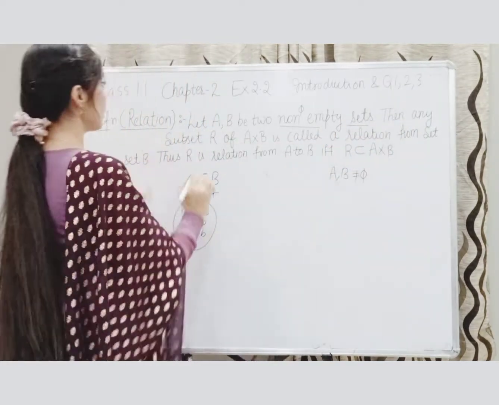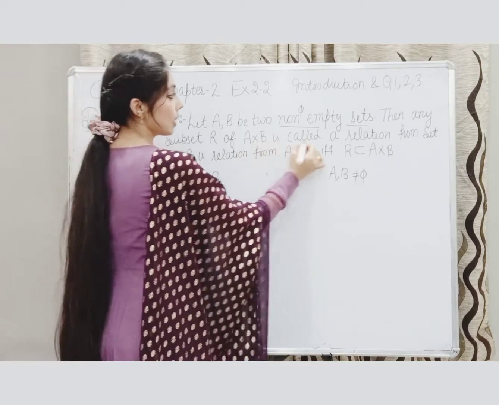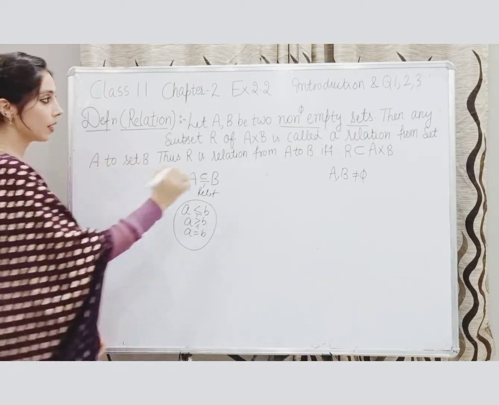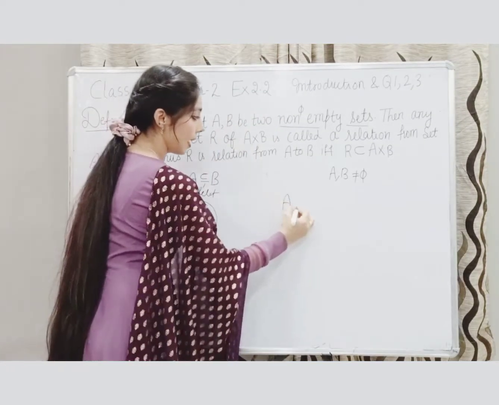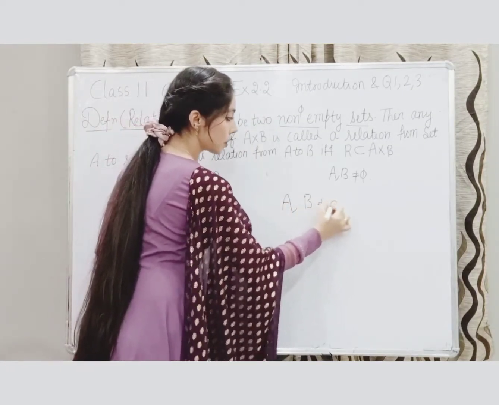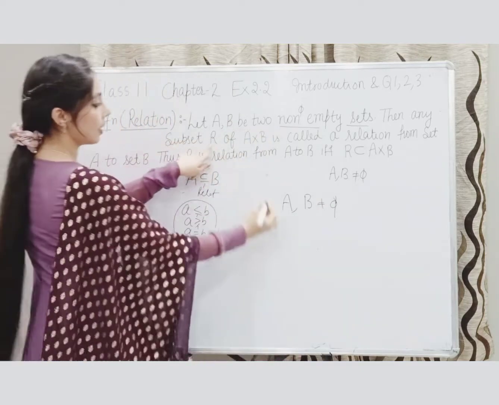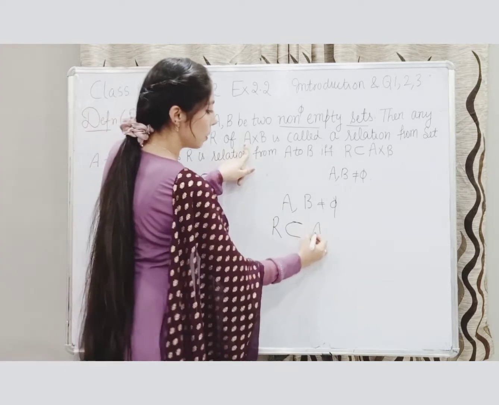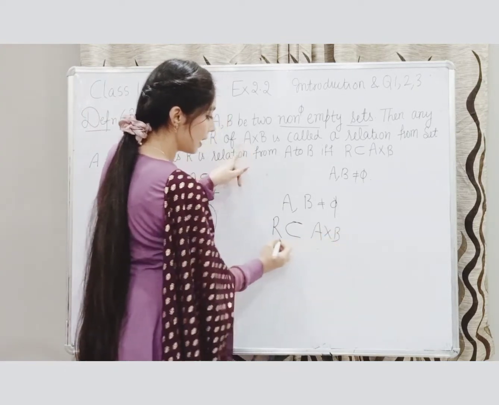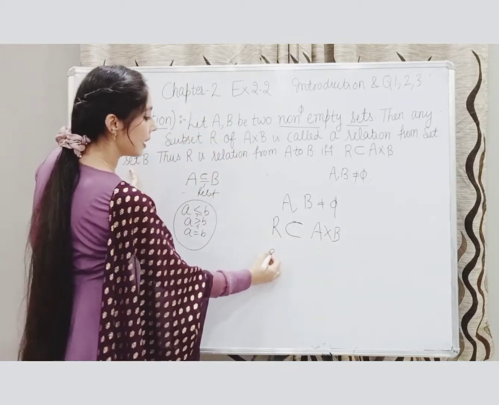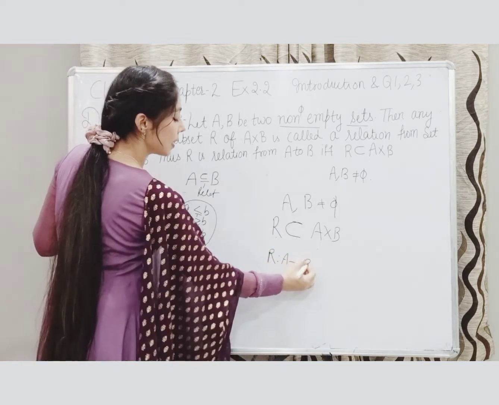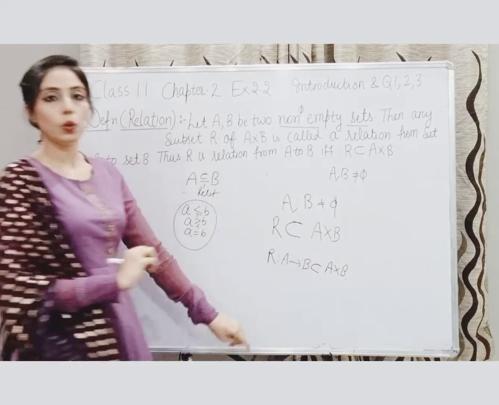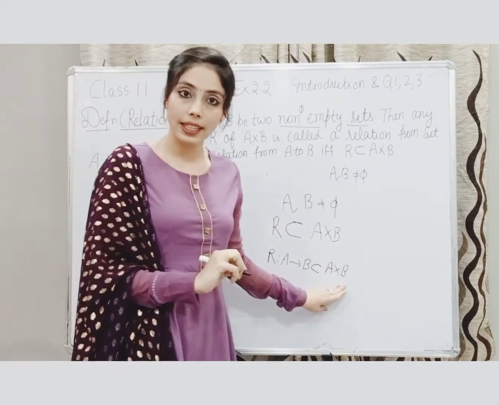Then any subset R of A cross B is called a relation from set A to set B. This is a relation from A to B, which is a subset of the Cartesian product.